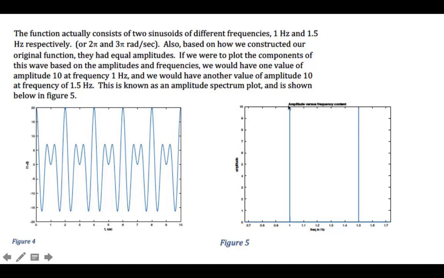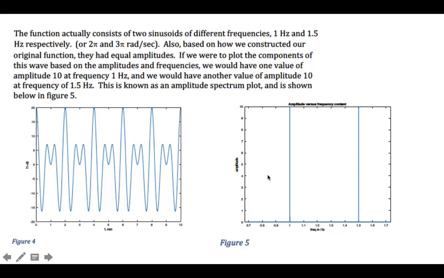We had an amplitude of 10 in our cosine function that had a frequency of 1 hertz, and an amplitude of 10 in our cosine function that had a frequency of 1.5 hertz. So if we plot it this way, we have a line at 1 with an amplitude of 10, and a line at 1.5 with an amplitude of 10. This is referred to as an amplitude spectrum plot.